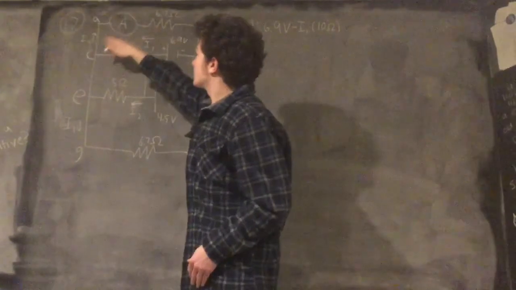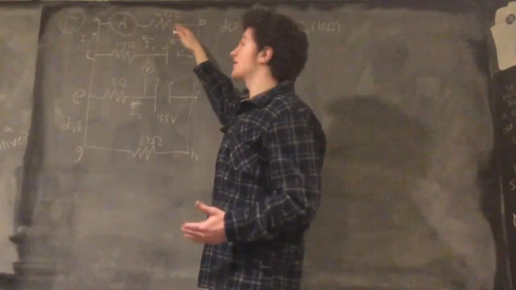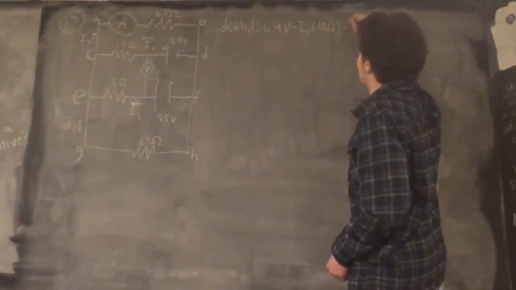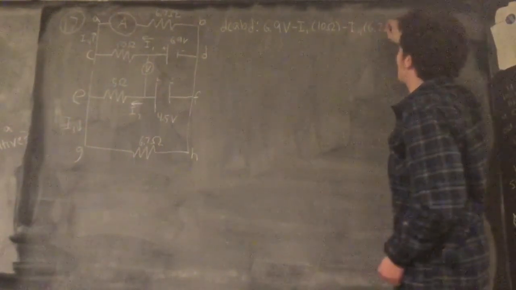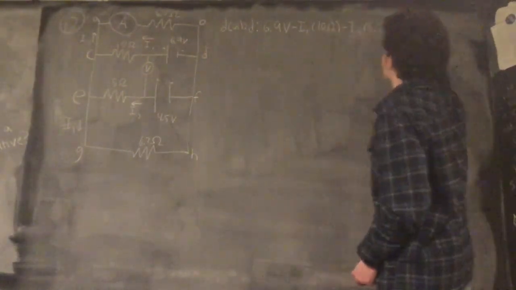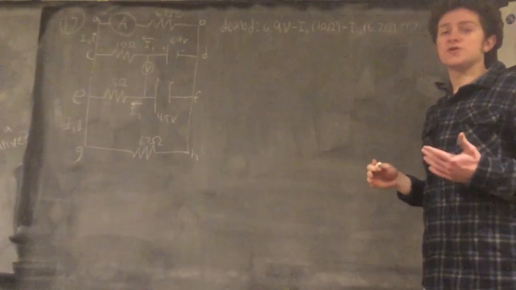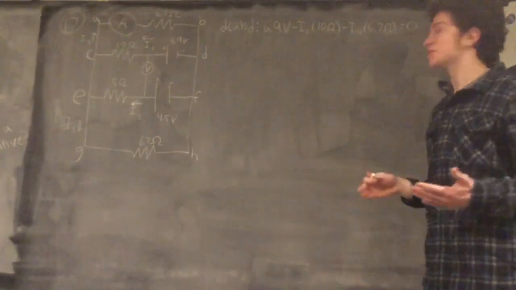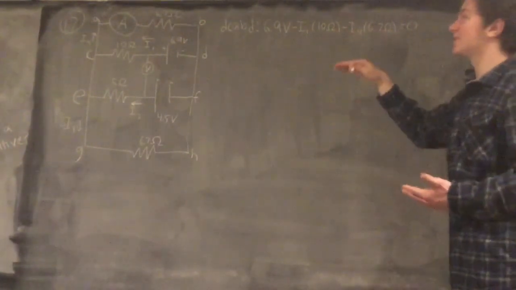And then over here, we still have current number 4, and since we're again going in the direction of the current, we're going to be having a loss of energy. So minus I4 times 6.7 ohms. And then we're back to where we started. And due to Kirchhoff's rule that going in a loop, the net change in potential must be 0, this allows us to write this equation for the first loop.